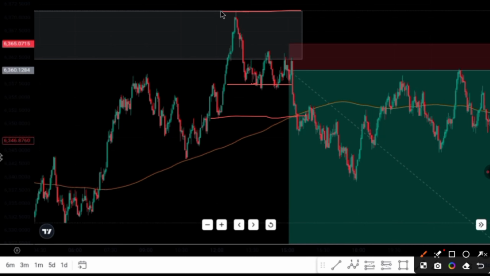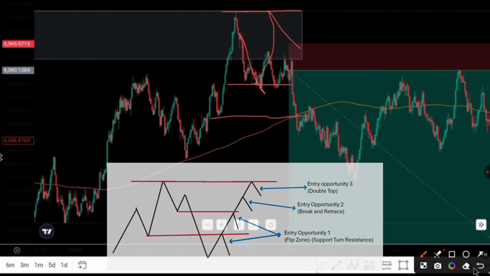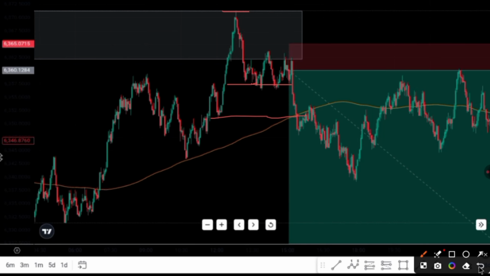What you are waiting for the market to do is break below and retrace at the zone where you drew your last low or the next low for you to take your entry opportunity, or it breaks below and retraces inside, which is also another opportunity for you to take your sell, or it breaks below and goes and does a double top, which is also another opportunity for you to sell. So if you're able to spot these moves, taking entry opportunities becomes easier.